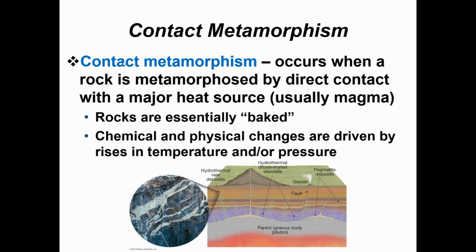Okay, so contact metamorphism is the first type. This occurs on a relatively localized scale, so not large in scale at all. We're talking about an area around a magma chamber, which can be pretty good sized, but even grand scale magma chambers are pretty small compared to all the land on Earth. So around magma chambers, around volcanic areas, things like that.